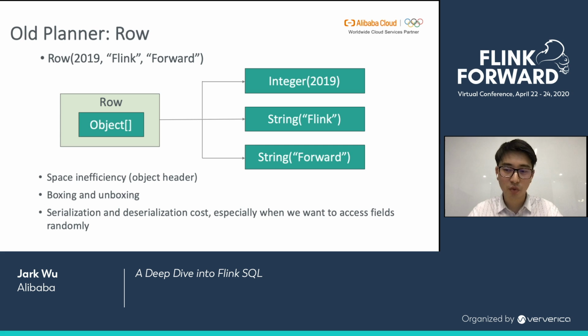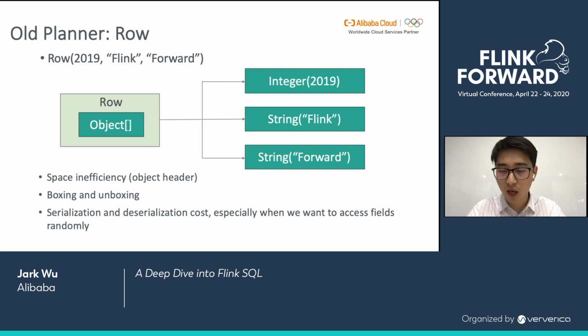You may have the question, why does the object array have to pay the cost? That's because if we want to transfer this object over the network or save it into a checkpoint, it must be in a binary format. Supposing we have a row with 200 fields, and you just want to access the 100th field and do some filter on it, you have to deserialize all the 200 fields, or at least the first 100 fields.